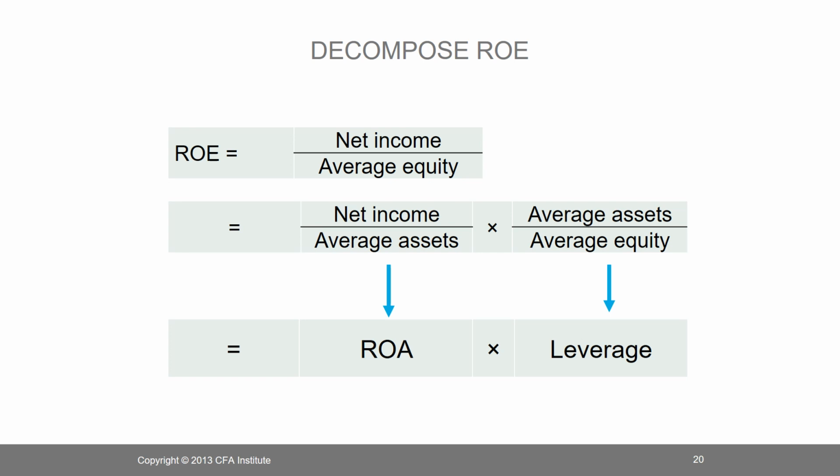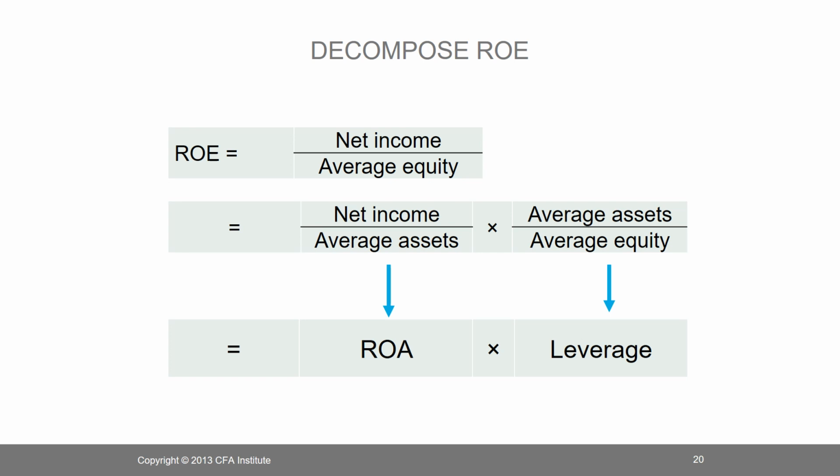Each of these component ratios is an indicator of a distinct aspect of a company's performance that affects ROE. So the decomposition allows us to evaluate how these different aspects of performance affect the company's profitability as measured by its ROE.